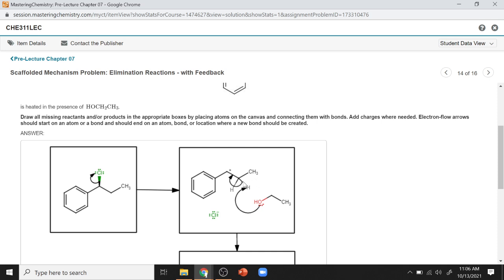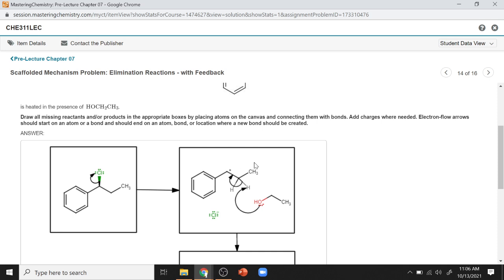So one of these hydrogens is going to come off. Why is it not a hydrogen over there, on the other side? There's no hydrogen. 1, 2, 3, 4 bonds, right? It's a trick question. It was a trap.